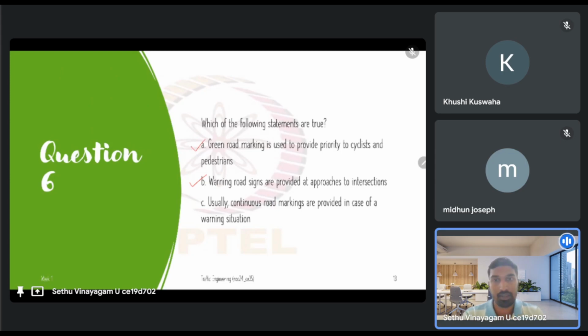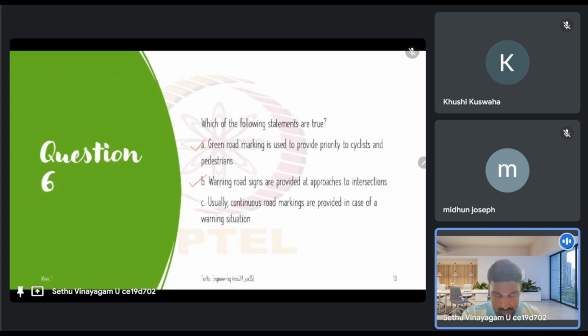It means the vehicles have to slow down, look at whether it is safe to cross the intersection, and then make the maneuver, right? Those kinds of signs are placed at intersections, and these are warning. Warning means it is to caution the drivers. There is no regulation or a particular action. These are just to warn them of the danger that is lying ahead. So the warning signs are present at the intersections.